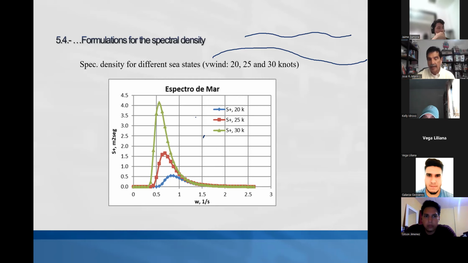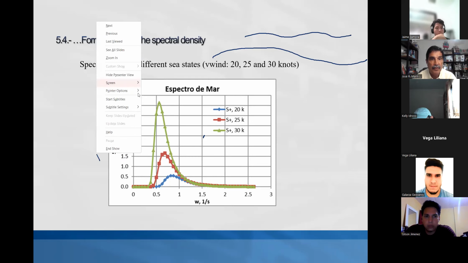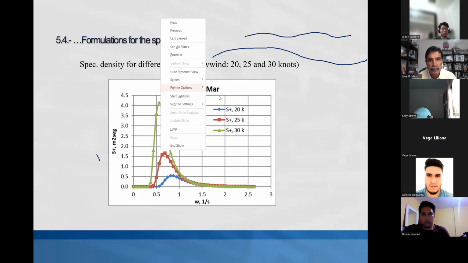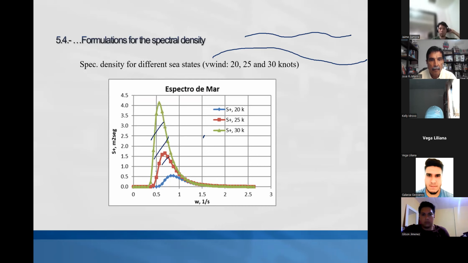Remember that the area under the curves corresponds to RMS squared. Okay, RMS squared. So that's something that we have to remember. This area here corresponds to R at 0, is RMS squared, and it's equal to sigma squared for 0 mean.